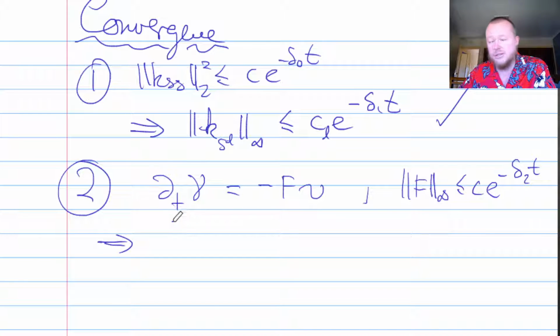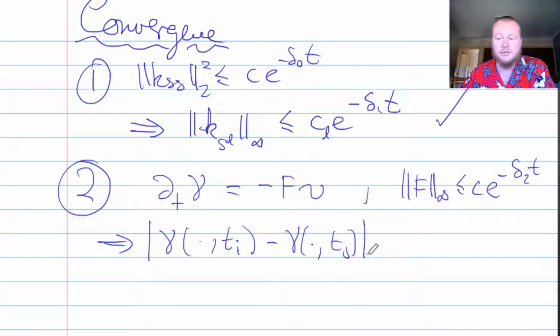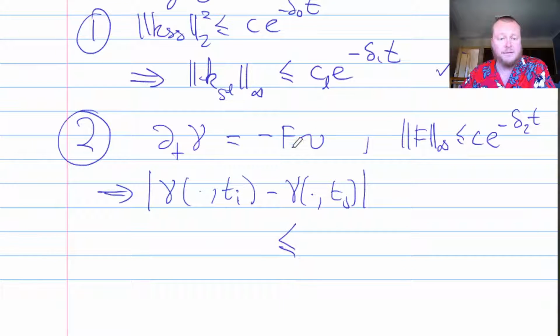Then what it means is that we can integrate the flow equation and get that gamma at any space point and any time point, let's call it Ti, minus gamma at any space point and another time point, Tj, is bounded by some constant times the integral from Ti to Tj. You can assume that Ti is less than Tj.